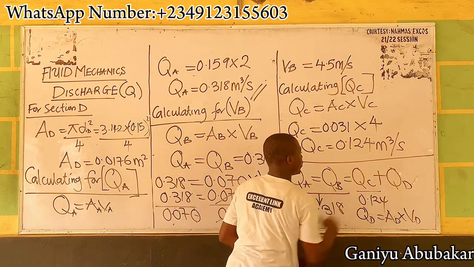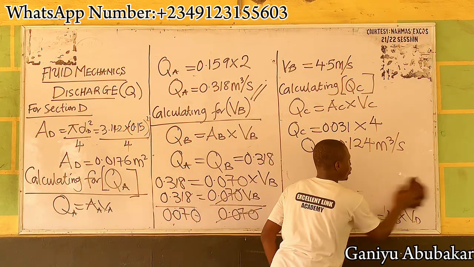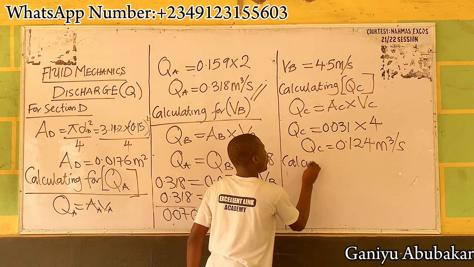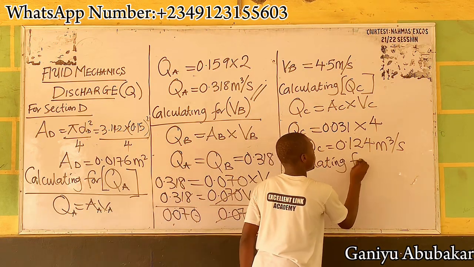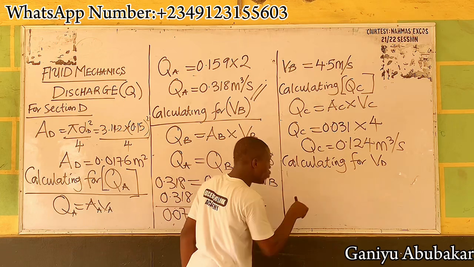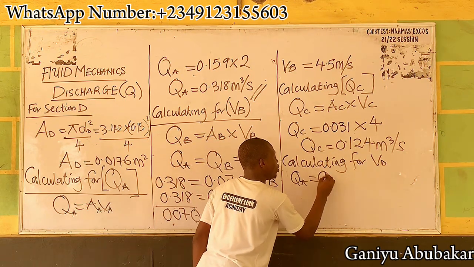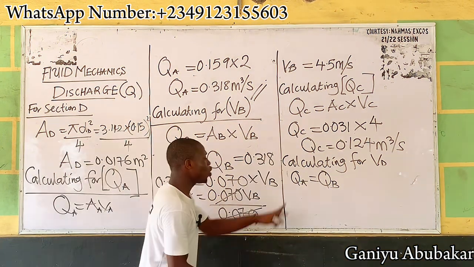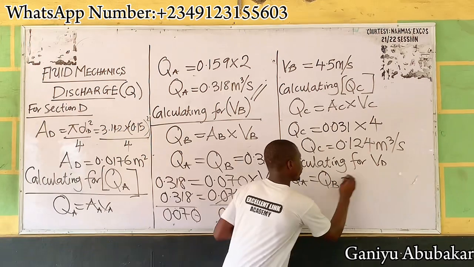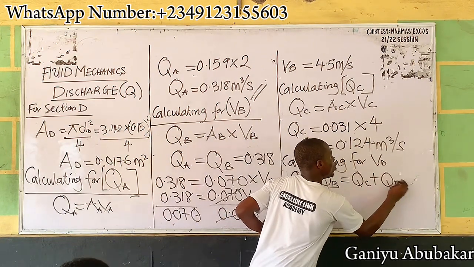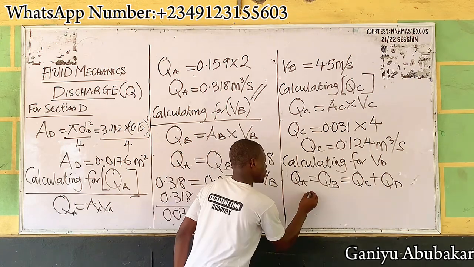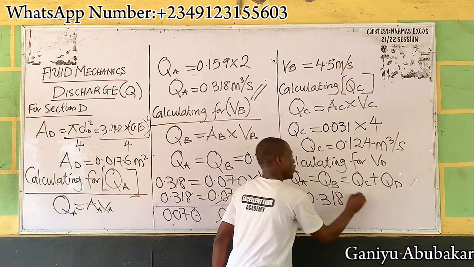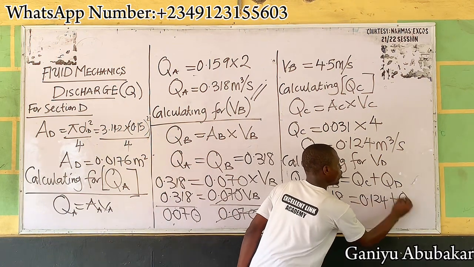So leave the analysis for now. Let me quickly stop; I just want to show you something. Now I want to get VD. Calculating VD. What do we know? QA equals QB, which equals QC plus QD. These two values: 0.318, and QC is 0.124, plus QD.